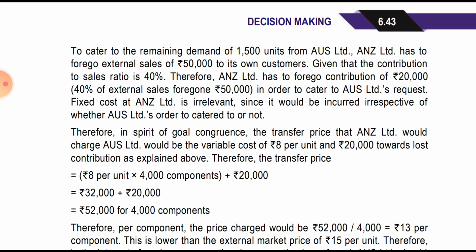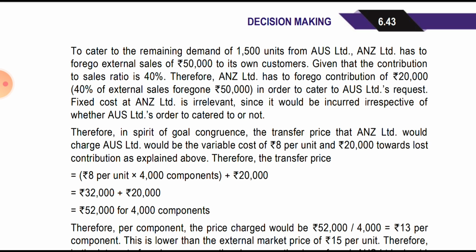Therefore the transfer price will be 8 into 4,000 components. Sorry, while explaining the question I said 2,500, but actually it will be 4,000, because for the remaining 1,500 also we would be incurring the cost of 8 per unit, thereby incurring a contribution loss. If we are just using the 2,500, there will not be any contribution loss.